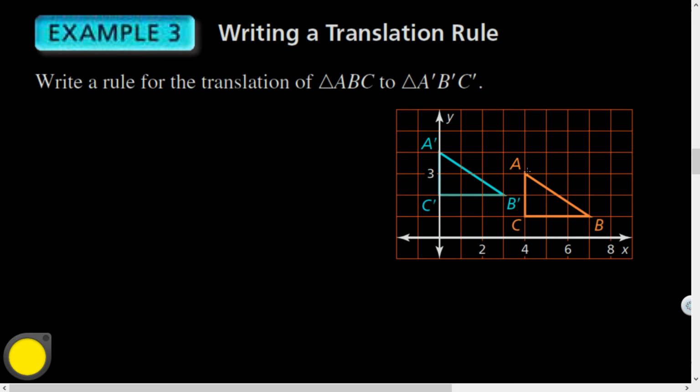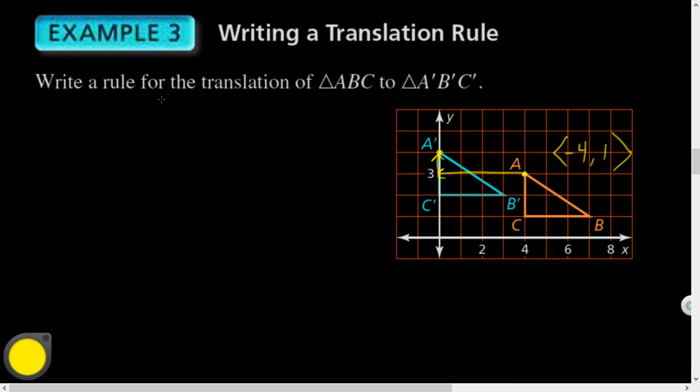From A to A prime, it's going left 4 and up 1. So my vector would have been, yeah, exactly, Malik, -4 comma +1, which is perfectly fine. We can move in that direction.